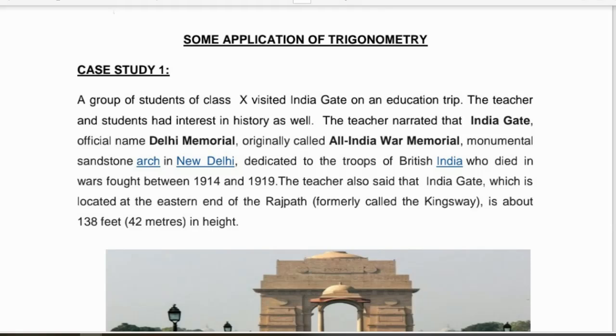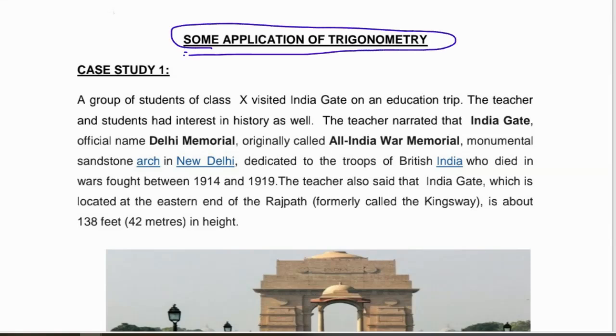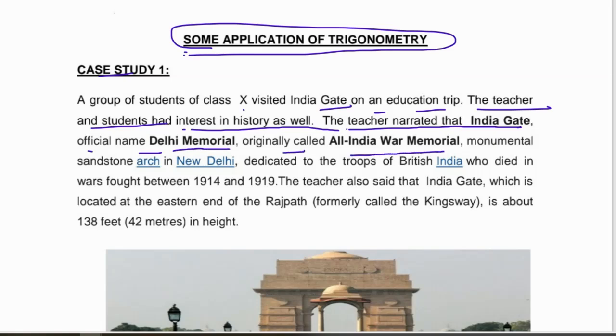So we'll move on to the next case study, which is on the chapter Some Applications of Trigonometry. Case study 1 for trigonometry: a group of students of class 10 visits India Gate on an educational trip. The teacher and the students had interest in history as well. The teacher narrated that India Gate, officially named Delhi Memorial, originally called All India War Memorial, is a monumental sandstone arch in New Delhi, dedicated to the troops of British India who died in wars fought between 1914 and 1919.